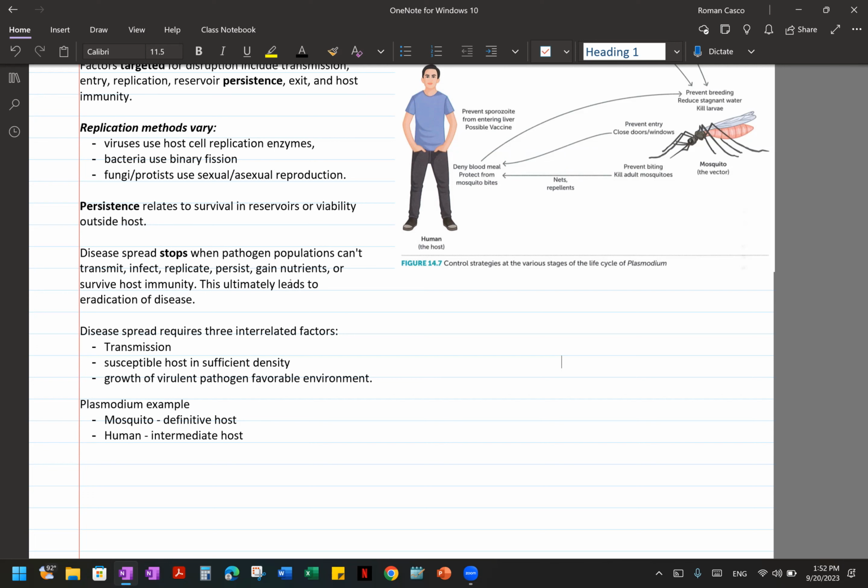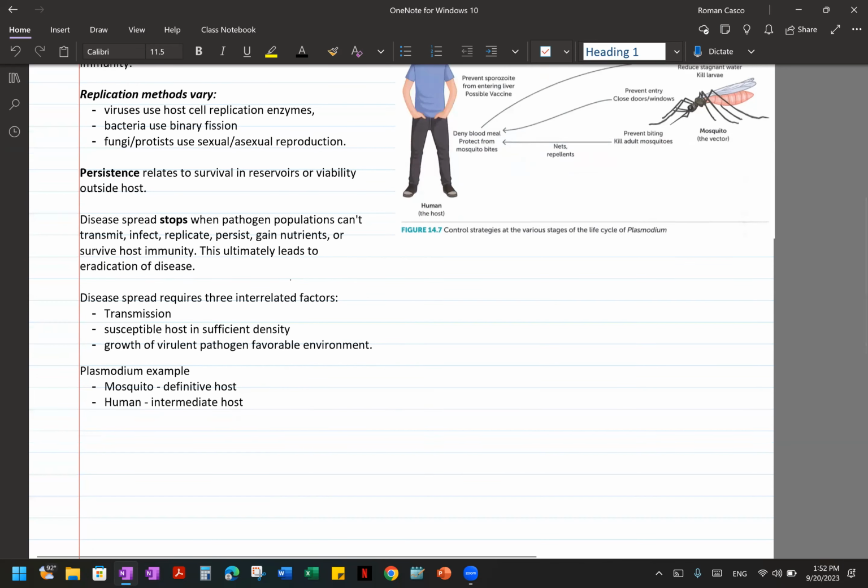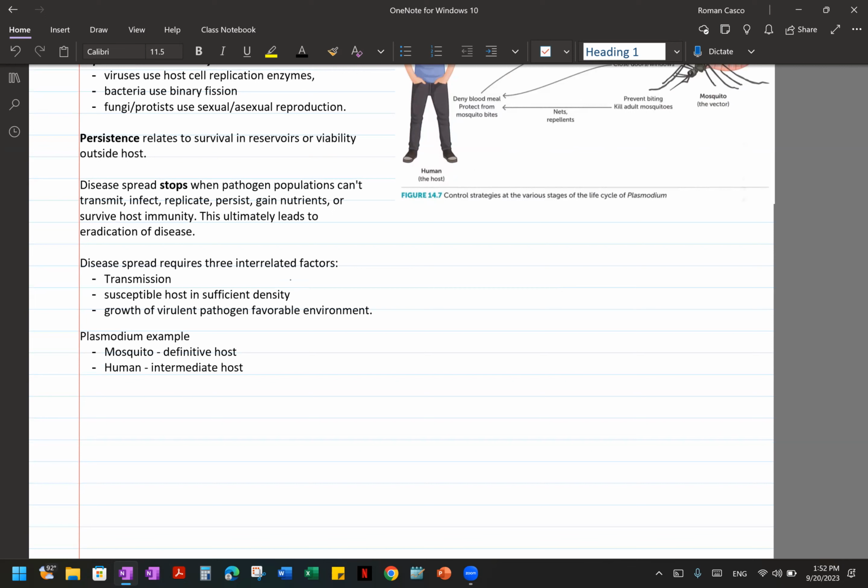Okay. So I mentioned persistence. Persistence, a relatively new term for you, relates to survival in reservoirs, or viability outside the host. Essentially, how well it can thrive outside the host. How persistent is this pathogen, and how difficult is it to stop?